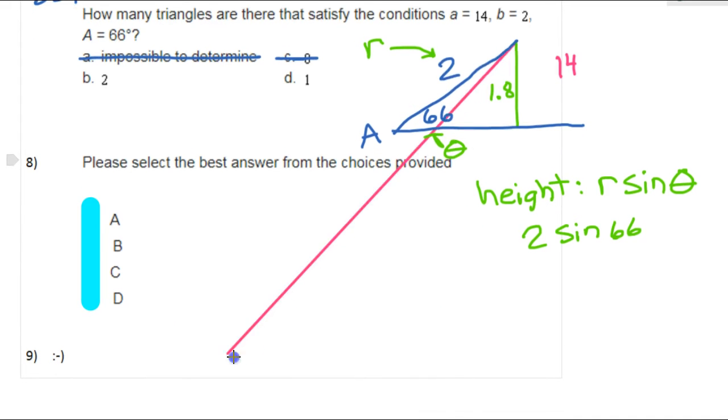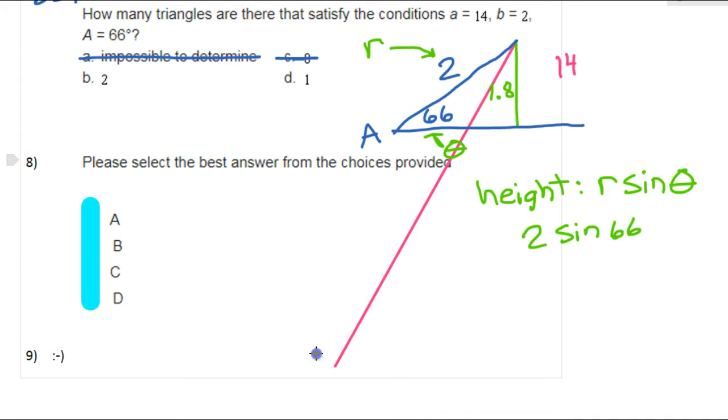Is there any way that 14 is going to fit inside of here? No. But it didn't even have to be that extreme. Imagine that it was 3. Anything bigger than 2 is going to stick out and will not fit inside this triangle. 14 is super long. There's no way 14 is going to fit inside the triangle.